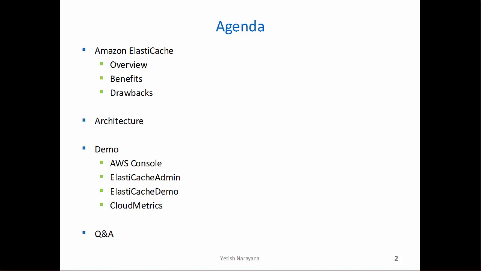ElastiCache demo is another demo application used to depict the features of Redis cluster, and also ElastiCache features about the use of replication groups. We'll also see how CloudWatch metrics can be used to capture a couple of metrics and send notifications if required. We'll also take questions and answers in the end.